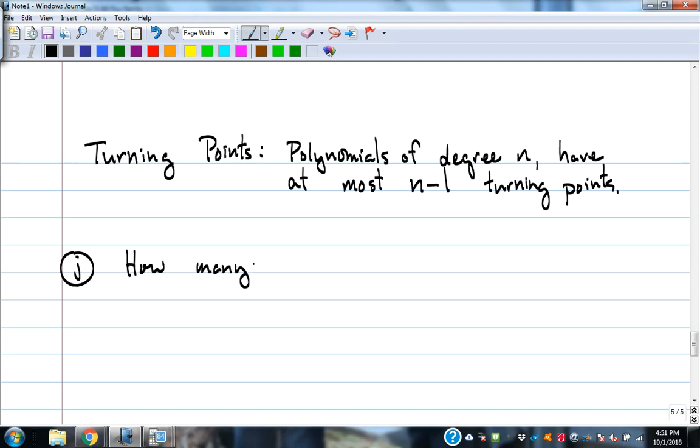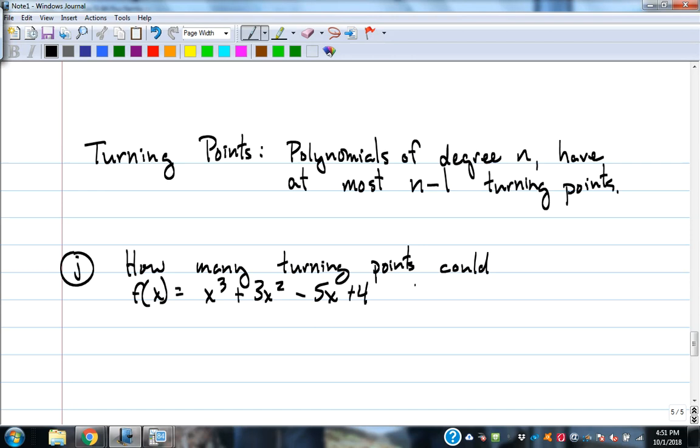How many turning points could f of x equals x cubed plus 3x squared minus 5x plus 4 have?